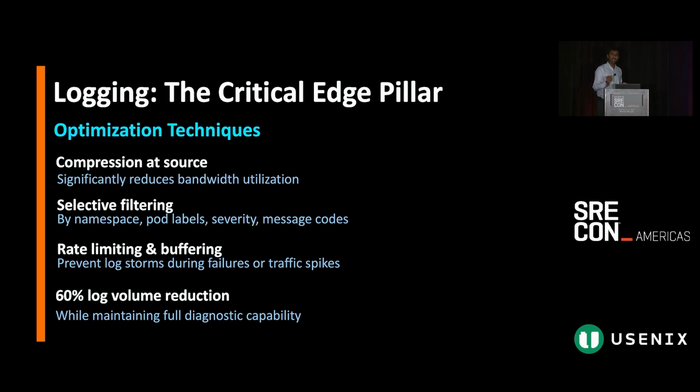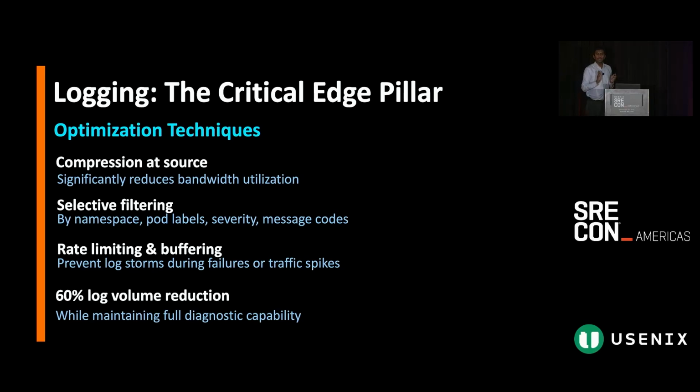Or even at the pod level, you can forward only certain pod logs or certain severity logs. All those mechanisms are supported at the FluentD level, and we have enabled them. We are forwarding only the application-related logs, not the K3s infrastructure-related logs. The info logs and debug logs are all filtered. Whatever is the bare minimum needed, that's what we're sending.